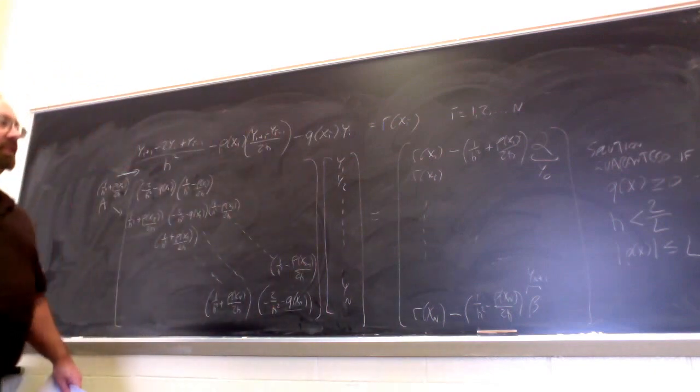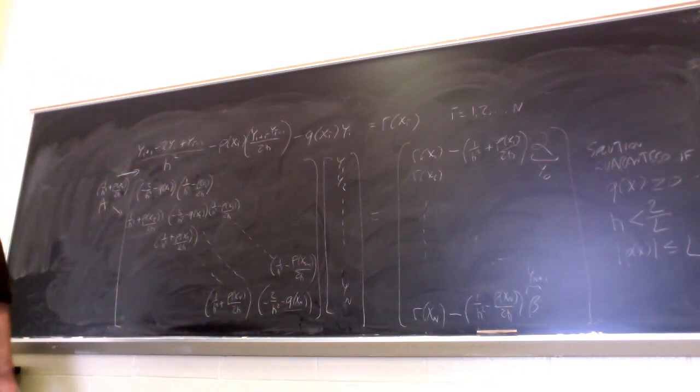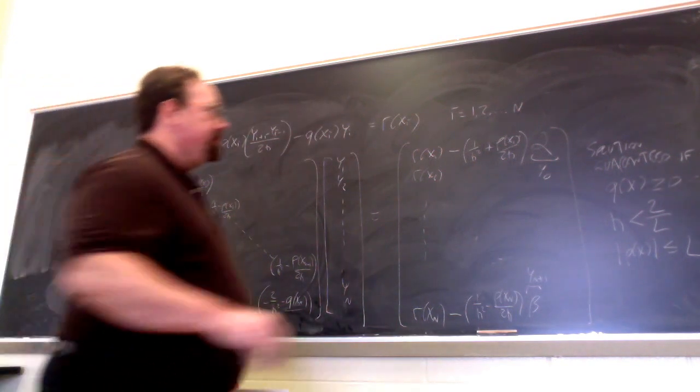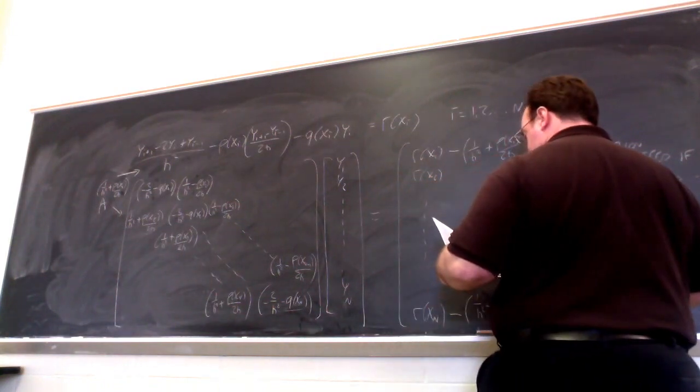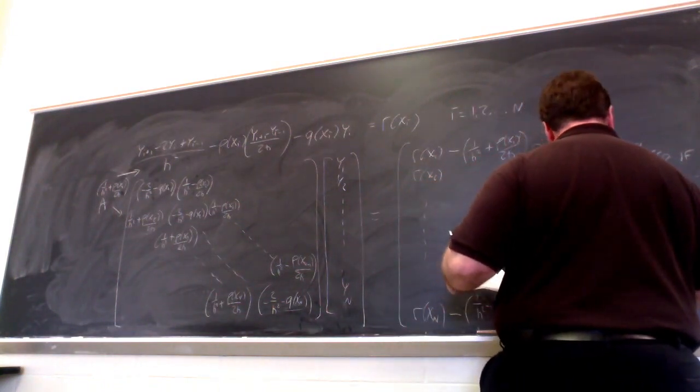What this means basically is if you choose h small enough, a solution is guaranteed. In other words, what this does is this makes A diagonally dominant.